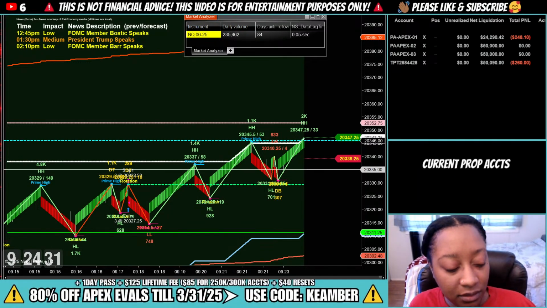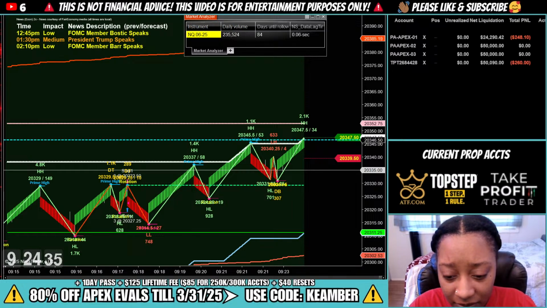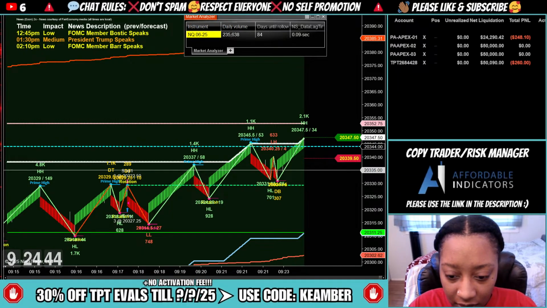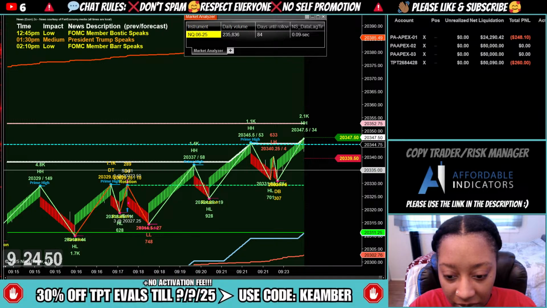I'm pretty sure I just traded one micro the whole time too. My entry was at 14,435.50 and price was at 14,674. So I was up 242 points, it looks like.